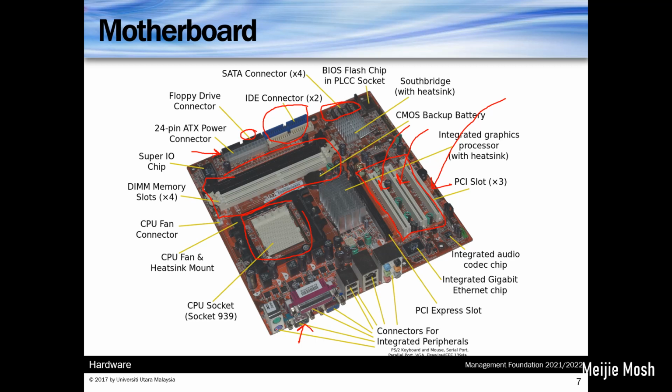Here we can connect the keyboard using PS2. We can connect the PS2 mouse over here. We have the USB. We have the FireWire. We have the output for speakers. We have the input for microphone. And we can also connect to the display adapter or the monitor.